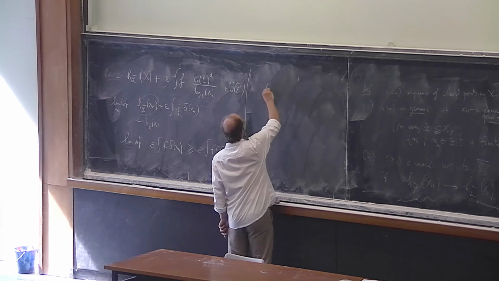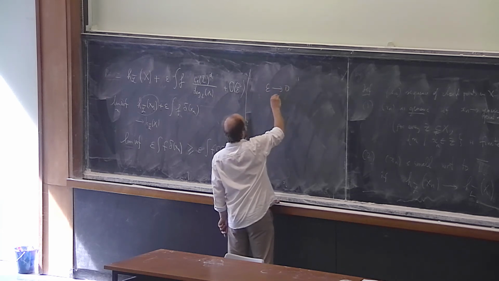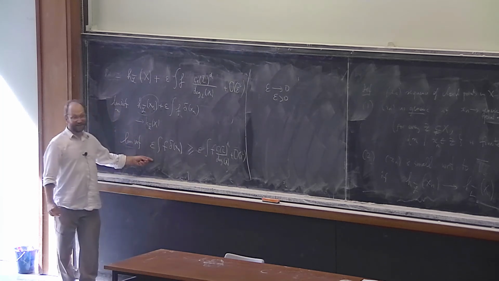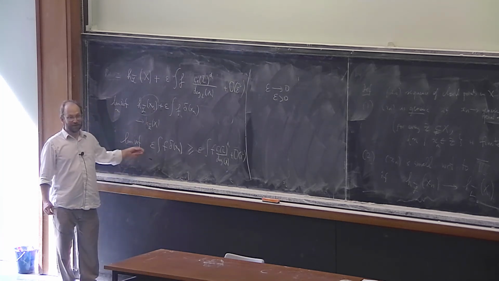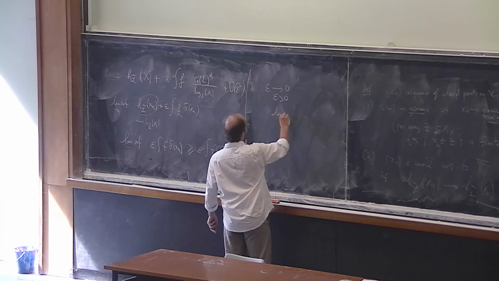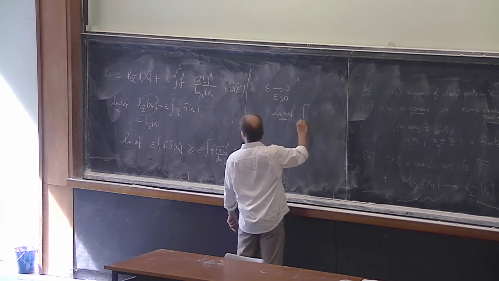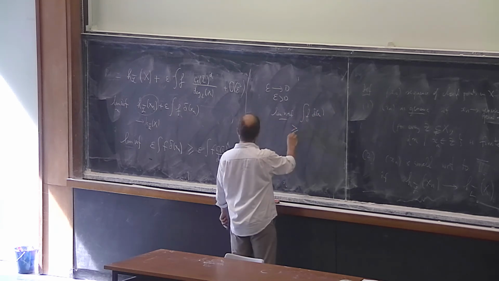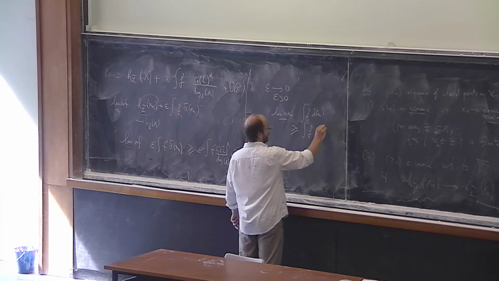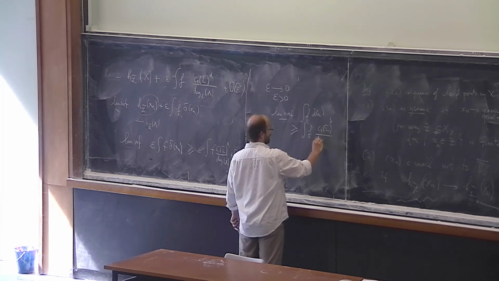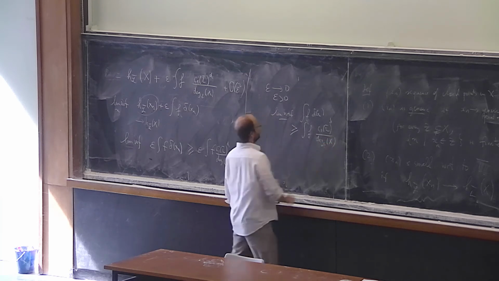When epsilon goes to 0, but epsilon is positive, when you divide by epsilon, you keep the inequality. So you get the limit infimum of the integral of f d delta of x_n is greater than that.